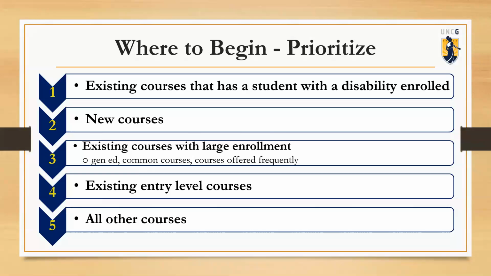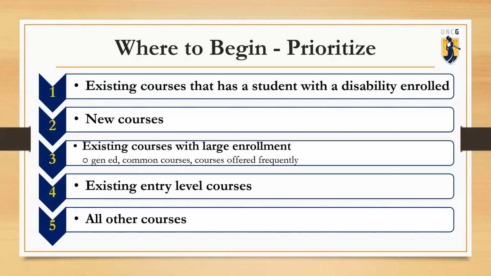So if you have a student with a disability who is entering your program, or is starting as a freshman and planning to enter your program, starting with entry-level courses and making those accessible can certainly go a long way and reduce the chances of you being in a situation where the student has enrolled and you're faced with that number one category, having to remediate the course because the student with the disability has enrolled.